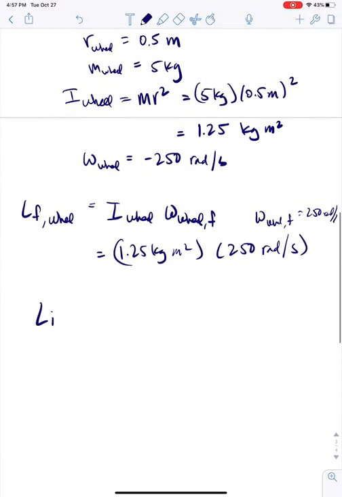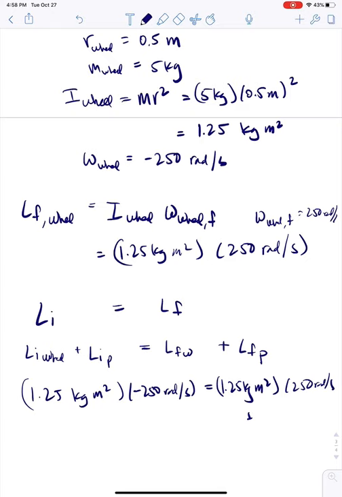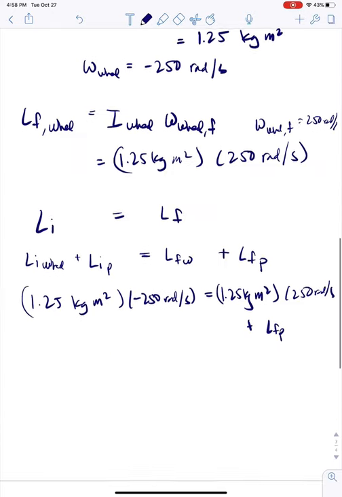So our L initial is equal to our L final: L initial wheel plus L initial person equals L final wheel plus L final person. That's 1.25 kilogram meter squared times negative 250 radians per second is equal to 1.25 kilogram meter squared times 250 radians per second plus L final of our person.